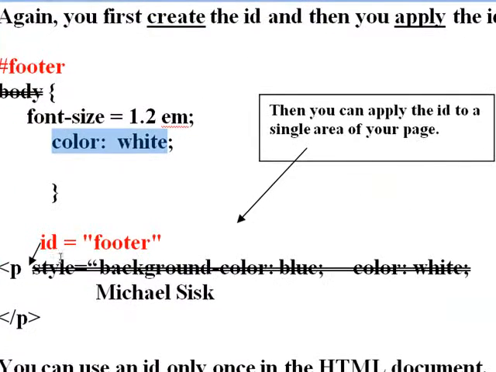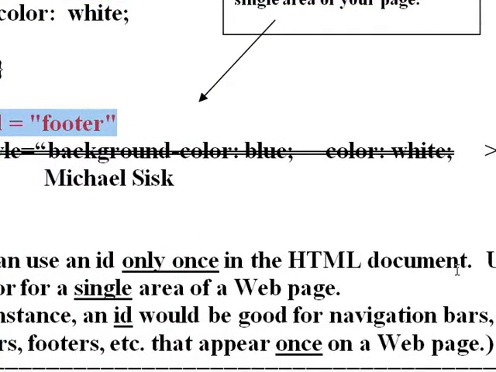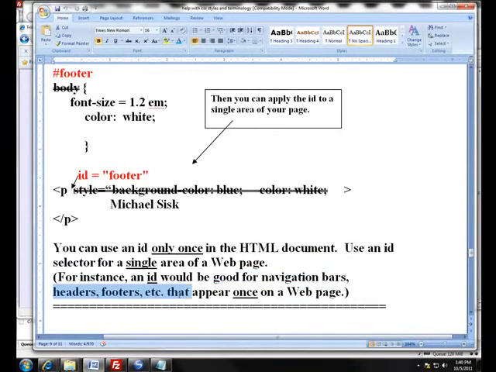And when I use this, instead of class equals, I put ID equals. I don't put the pound symbol in there. The catch with this one is you can only use the ID definition once in a document. You can have class as many times as you want to, but you can only use the ID one time. It's good for navigation bars, for headers and footers that appear once on a web page.